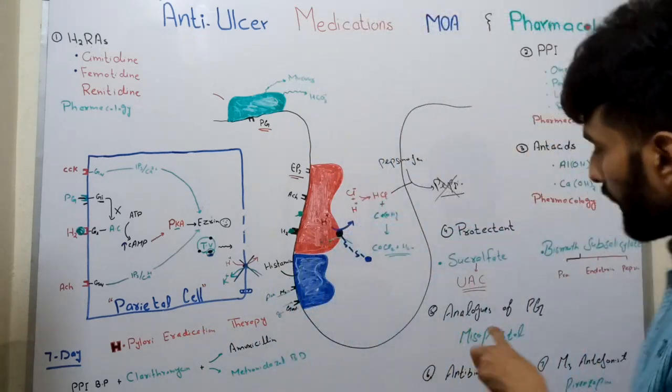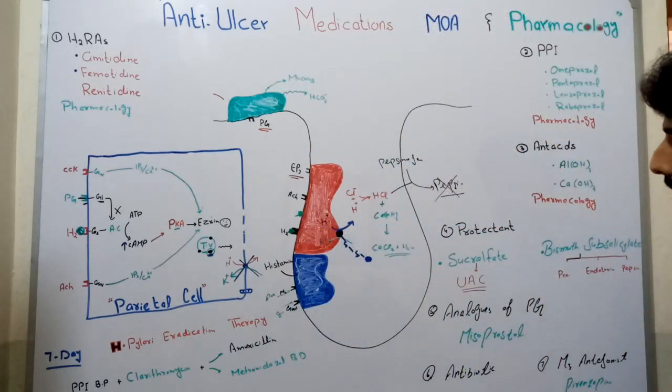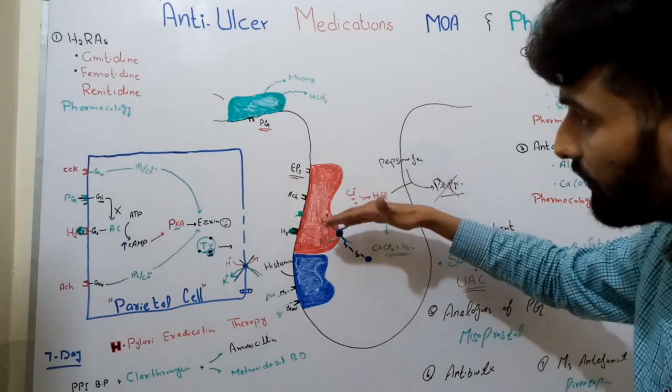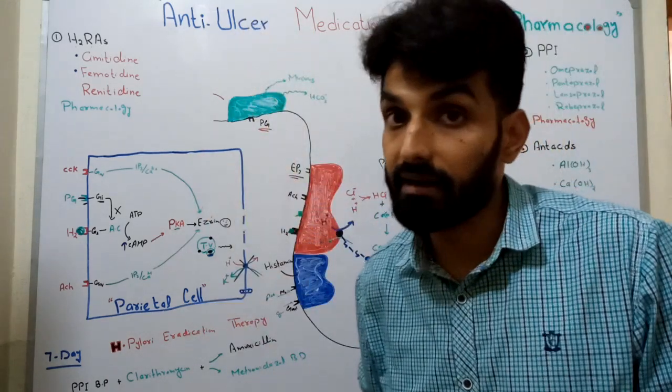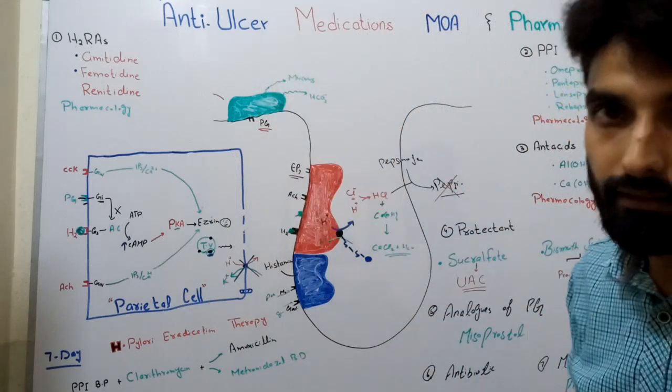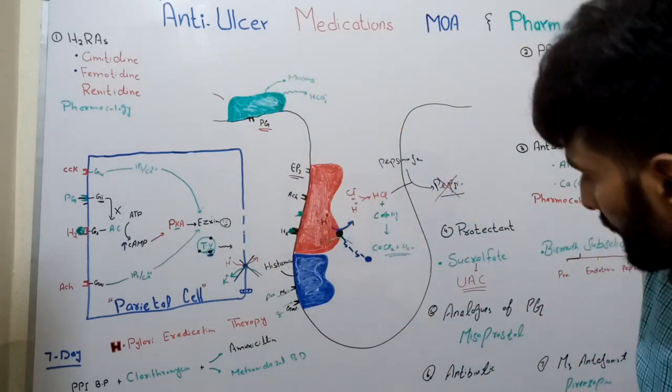Okay, so in this way prostaglandin analogs can decrease acid secretion and they can also have a protective effect as well by increasing mucus and by increasing bicarbonate secretion.